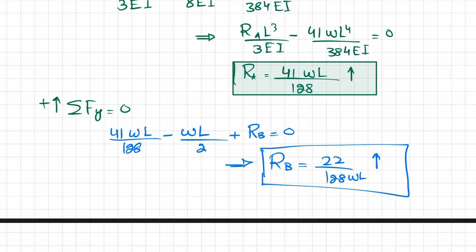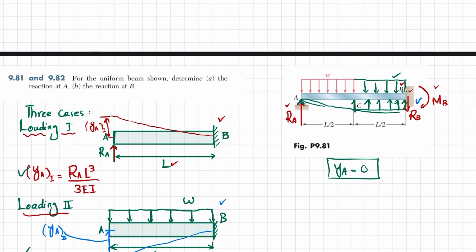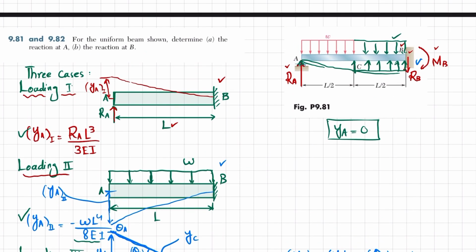Let me check how we have taken RB. So RB is taken as here downward. So you can put it negative. So it means that RB will be negative. We have taken negative, and this negative means that your assumed direction is wrong. So it should be upward. Let me correct it.